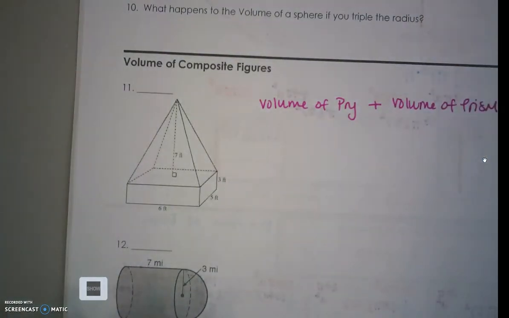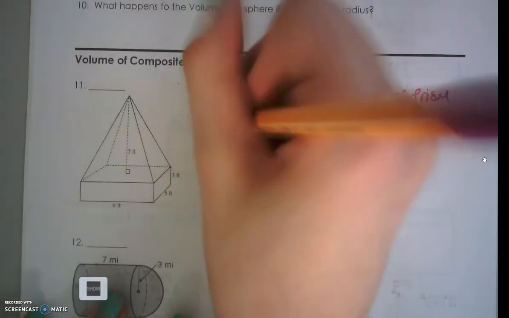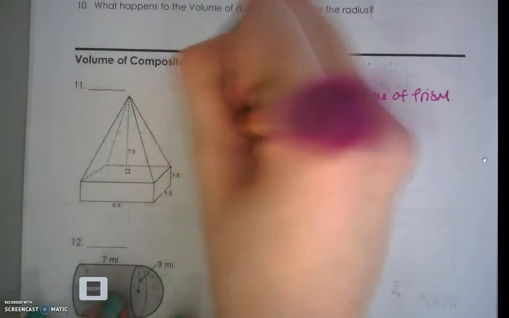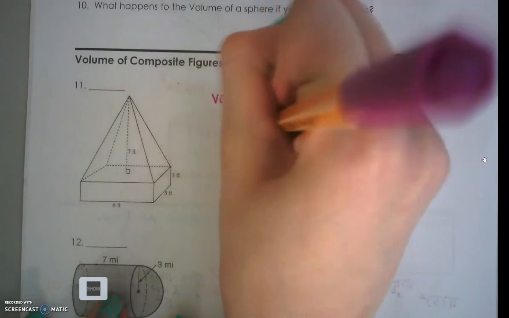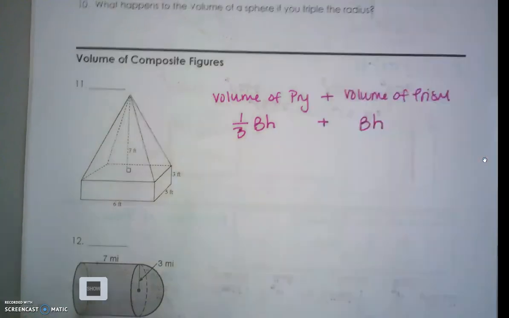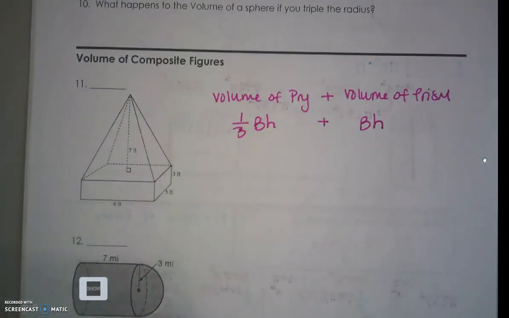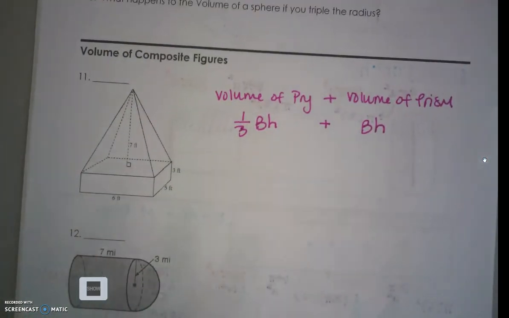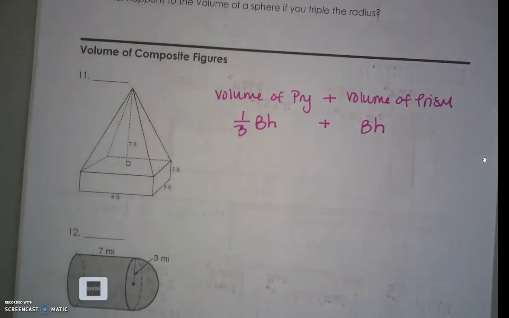We know that the volume of a pyramid is 1/3 base times height, and the volume of a prism is just base times height. This is also located on your formula sheet in case you have not quite memorized them yet.